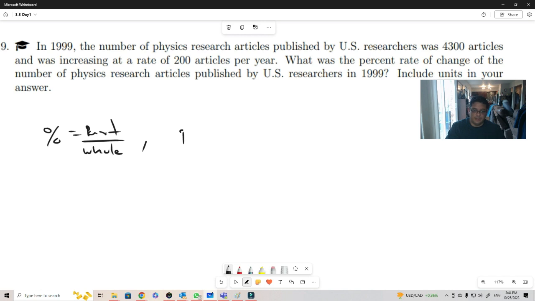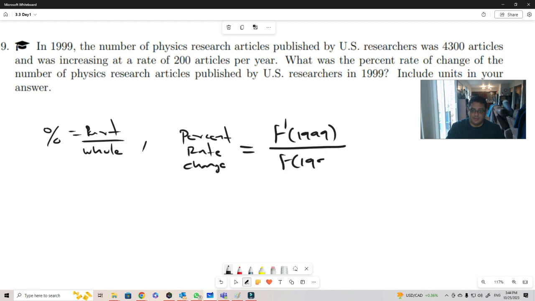And so the percent rate of change really is the rate of change over the function. So if let's say here the function is given by f, I have f prime, and I want to know what is happening in 1999. So it's f prime of 1999 over f of 1999. Okay, but I have the information on that. This is happening in 200 articles per year in terms of the rate.